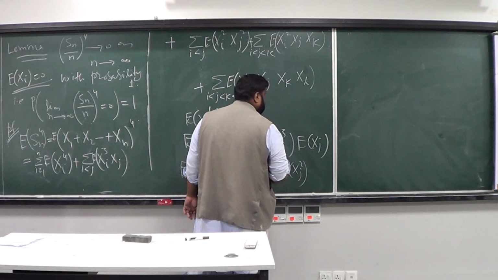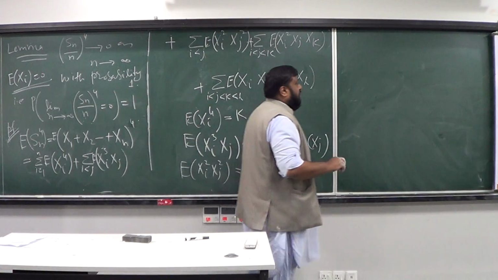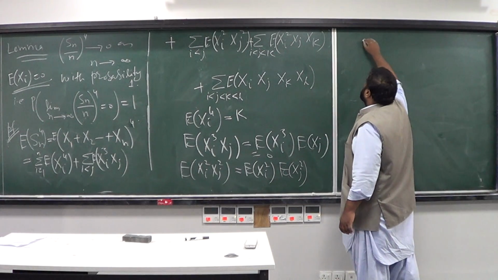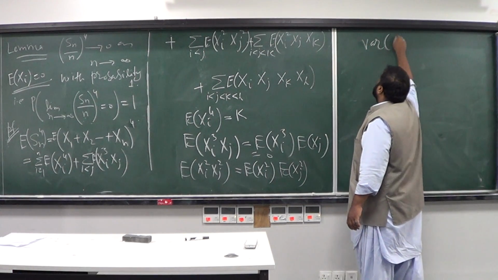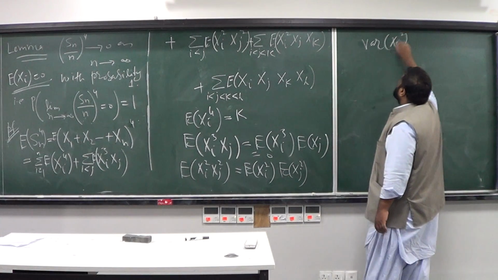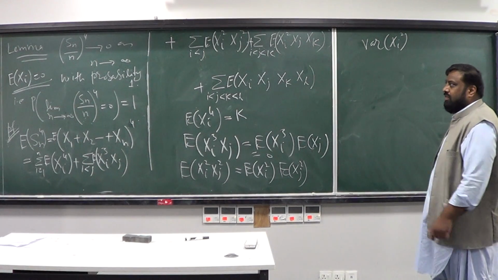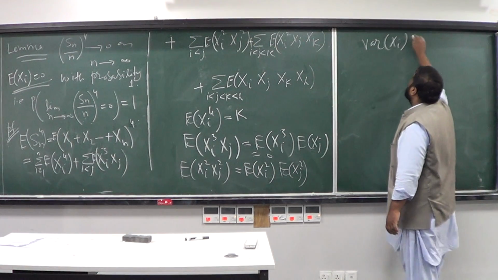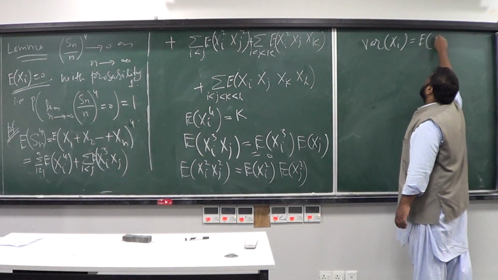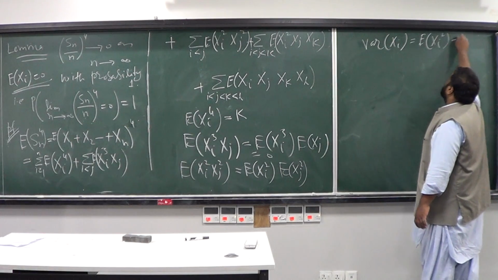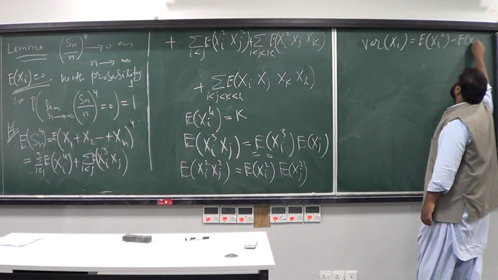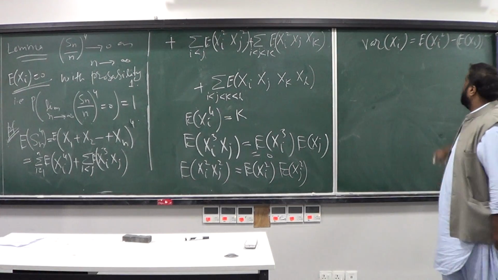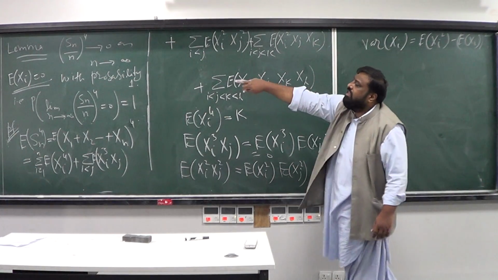the expectation of xj square. Now what is the expectation of xi square? By the way, what is the variance of xi? The variance of xi is the expectation of xi square minus the expectation of xi whole square. But the expectation of xi is 0.